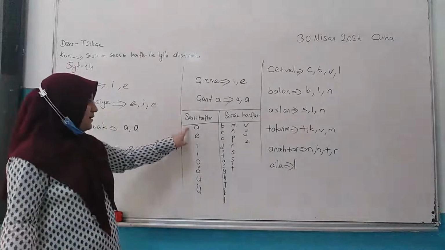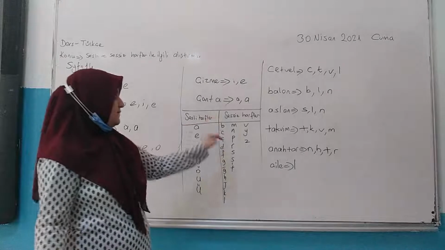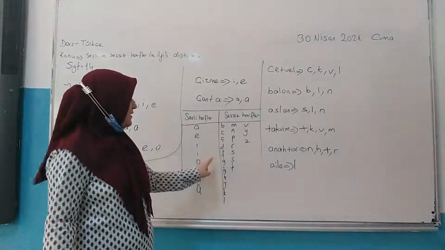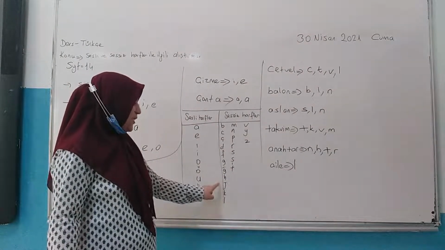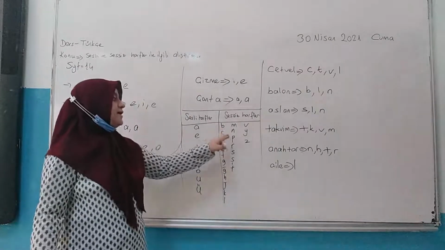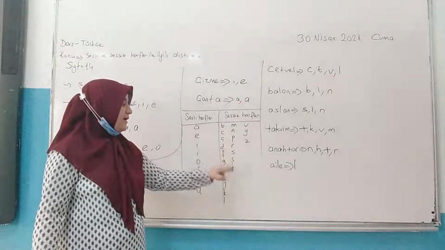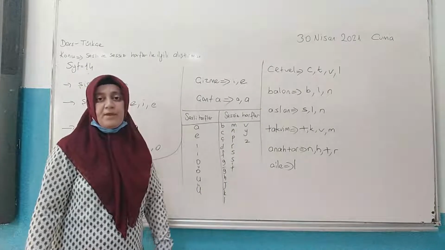Sesli harfler A, E, I, İ, O, Ö, U, Ü. Sessiz harfler B, C, Ç, D, F, G, yumuşak G, H, J, K, L, M, N, P, R, S, Ş, T, V, Y, Z. Okay?